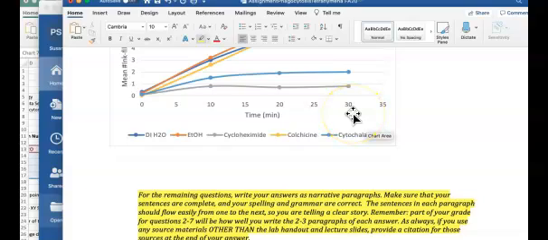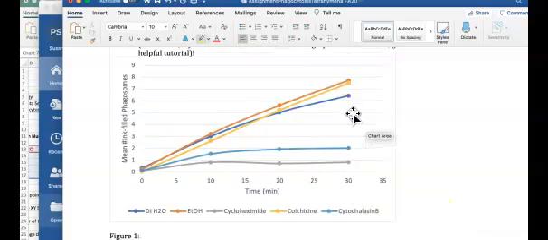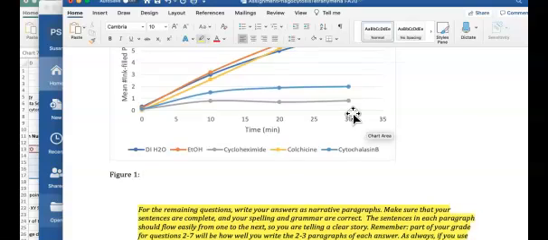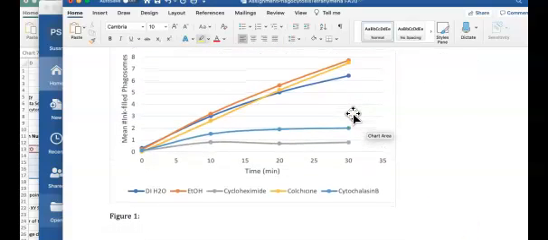So for a graph, we call it a figure. So since this is the first figure that I've put into this document, I'm going to call it figure 1. Now I have the job of explaining to the reader what they can see in front of them. So I'm going to tell my reader what this is.